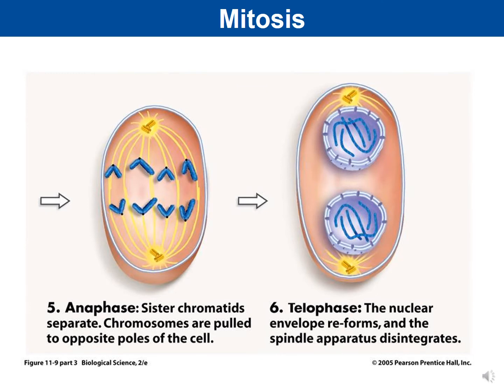Next, we have anaphase. In anaphase, this is where sister chromatids are going to separate. They're going to get pulled to opposite ends of the cell, and the cell is going to elongate.